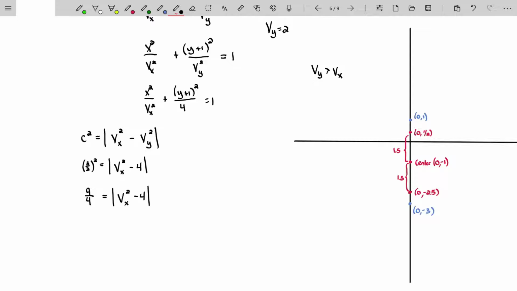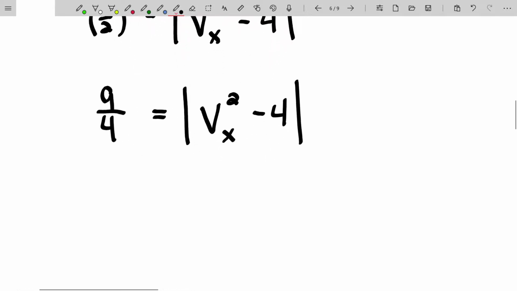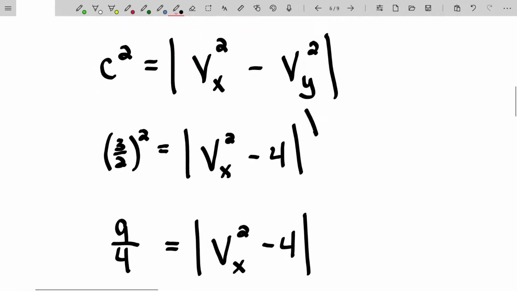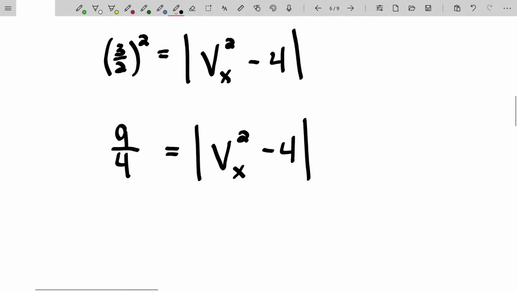This is because the major axis is vertical. So I know that v sub y squared is going to be bigger than v sub x squared. So in reality, this 4 is bigger than whatever this is.